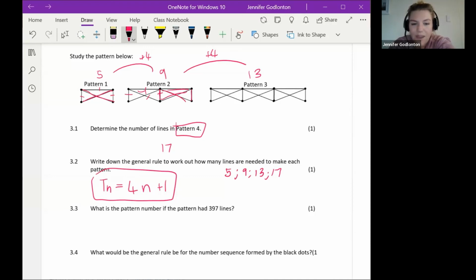Okay. Now we have to be careful. What is the pattern number if the pattern had 397 lines? So this 397 lines, is that Tn or is that n? That is my question to you. The 397 lines, is that Tn or is that n?